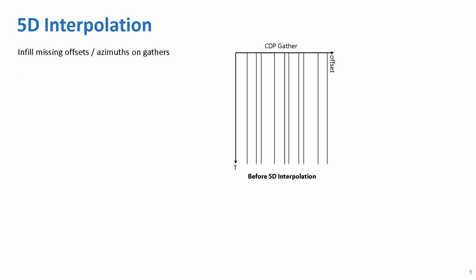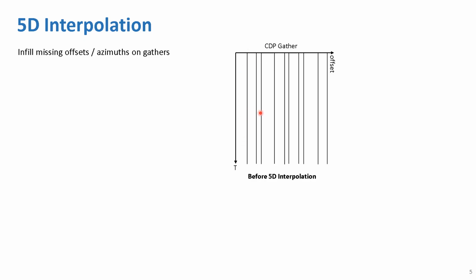Now, I can only show examples that I draw by hand, if nothing published, but if you look online, you can certainly see before-after gathers and before-after stacks. But this gives you the idea. So this might be a CDP gather before 5D interpolation. Notice offset increases to the right, time goes down.